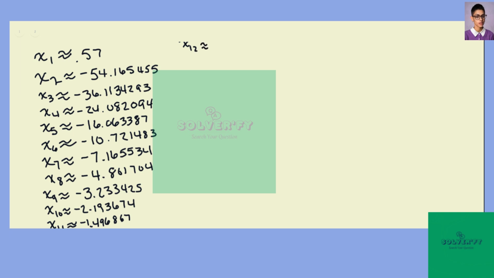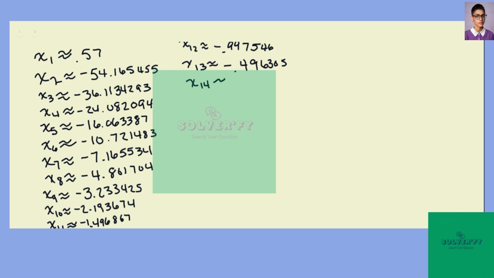Well, x sub 12, negative 0.997546. X sub 13, negative 0.496305.